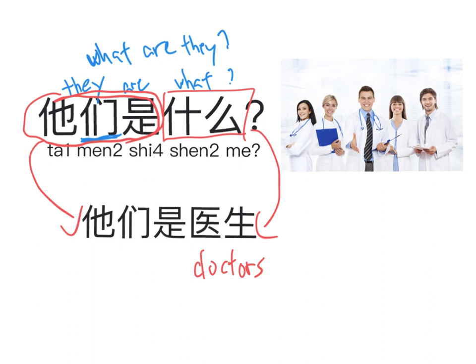So if you notice, I just copied the 他们是, and then the 什么 is changed to the answer 医生, which means doctor in Chinese. Pinyin 医生. Doctors. So that will be the answer for 他们是什么? The answer 他们是医生. Okay, I hope you understood these question words clearly.